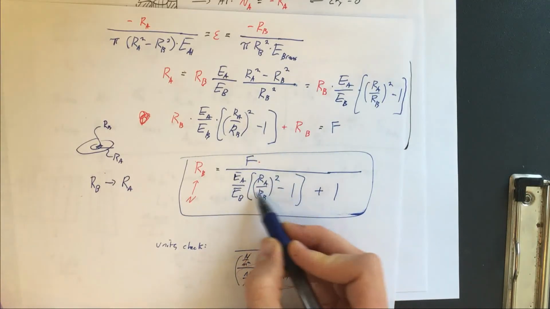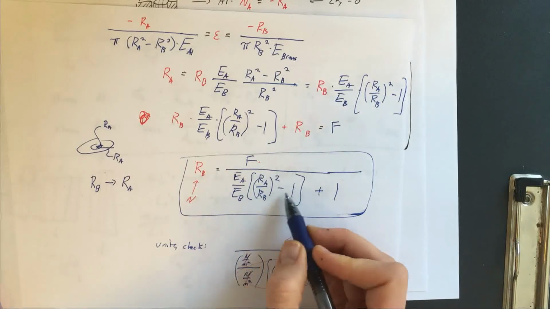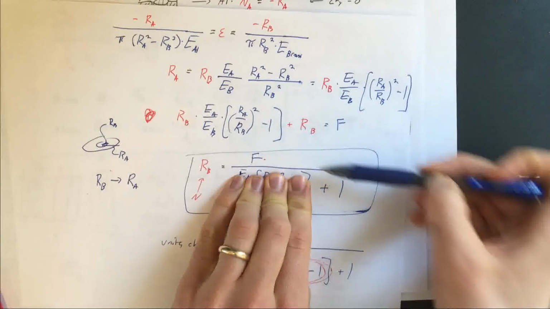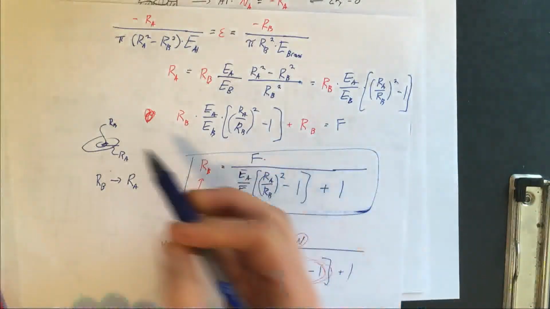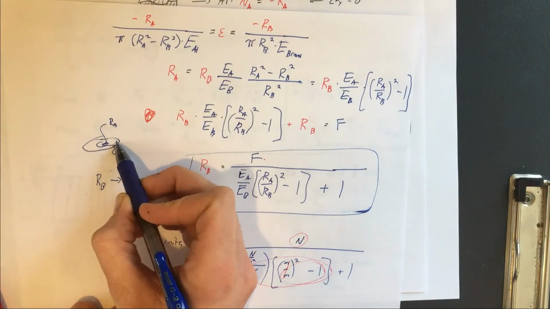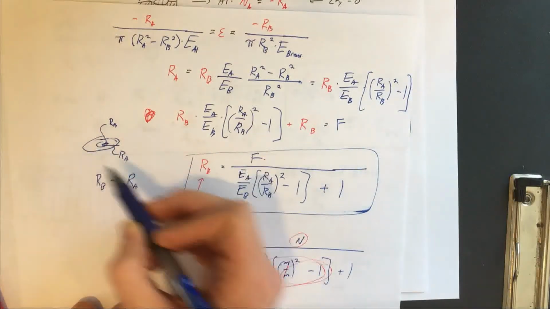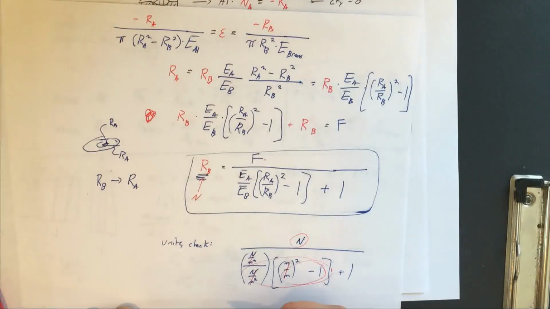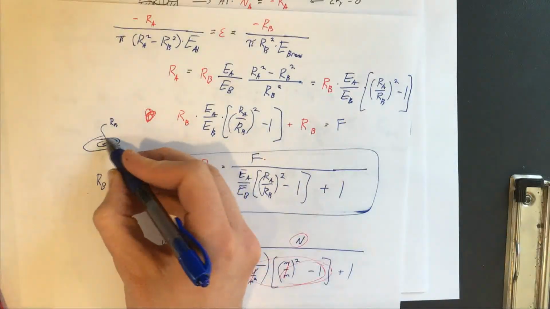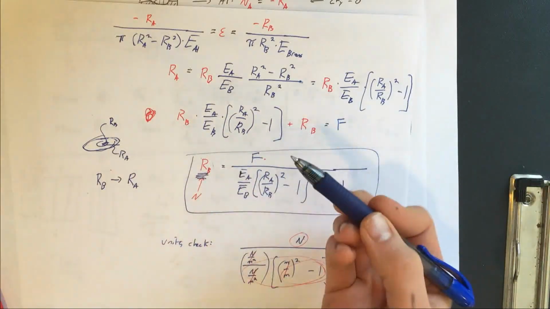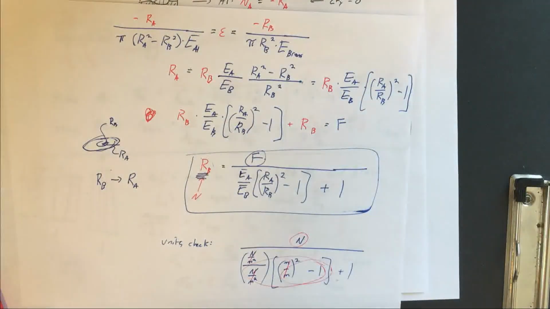If this term gets very close to 1, then this whole term basically goes away, and that means this whole term basically gets F. So as the radius of the brass approaches basically the whole radius of this entire thing, then basically all of the force gets borne by the brass. And that makes sense too, right? If brass is basically making up the entire cylinder, then the reaction force that the brass bears is going to be basically the entirety of F. So that's another sanity check that this makes sense.